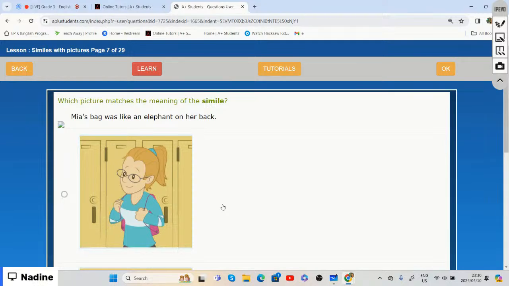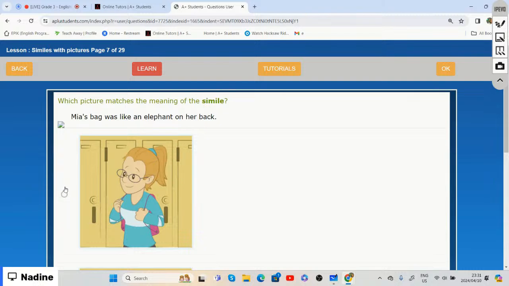It says Mia's bag was like an elephant on her back. All right, so we're saying Mia's bag was like an elephant on her back.